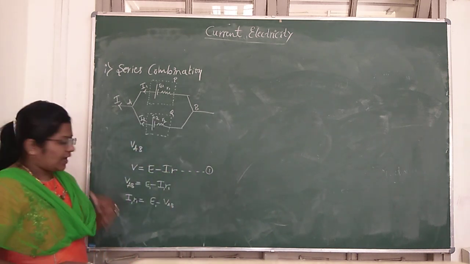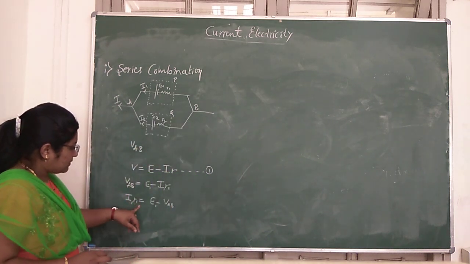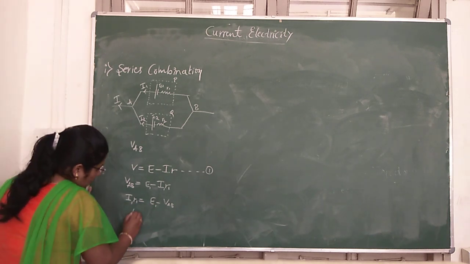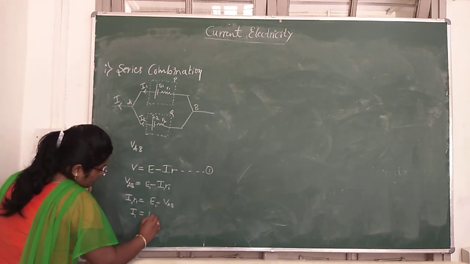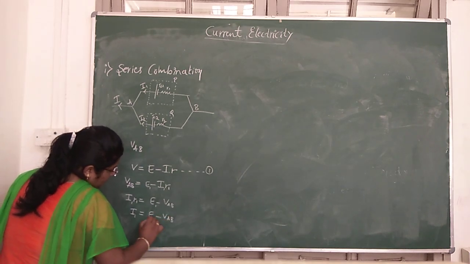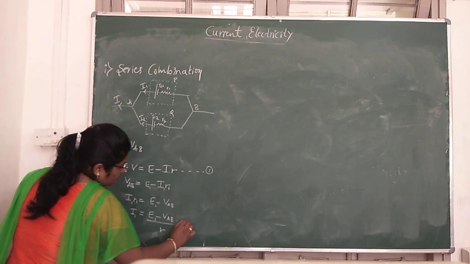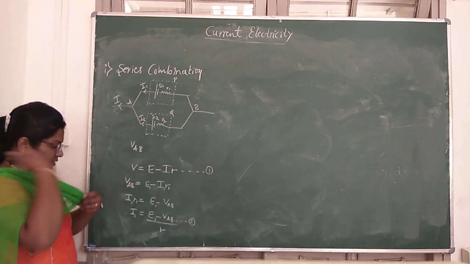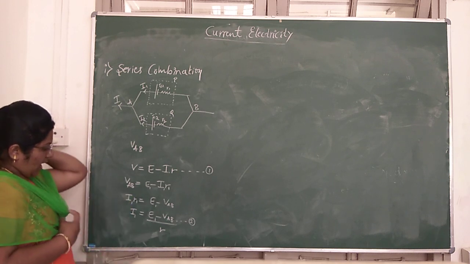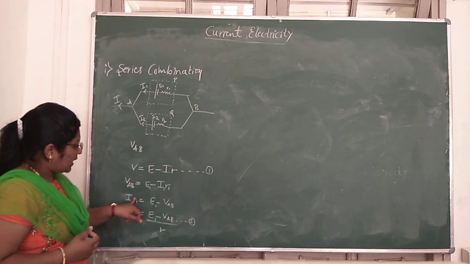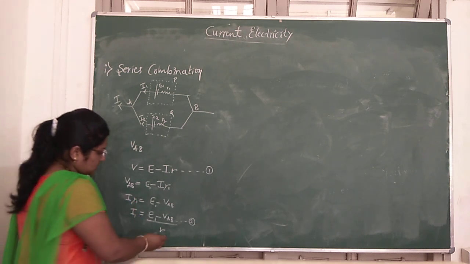So here we have I1 R1 equal to E1 minus VAB. I am writing I1 equal to E1 minus VAB divided by R1, and call this equation number 2. I have just adjusted the terms, taking this R1 to this side.